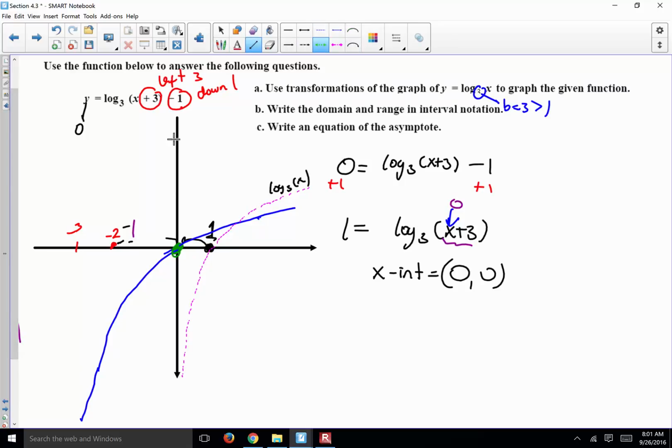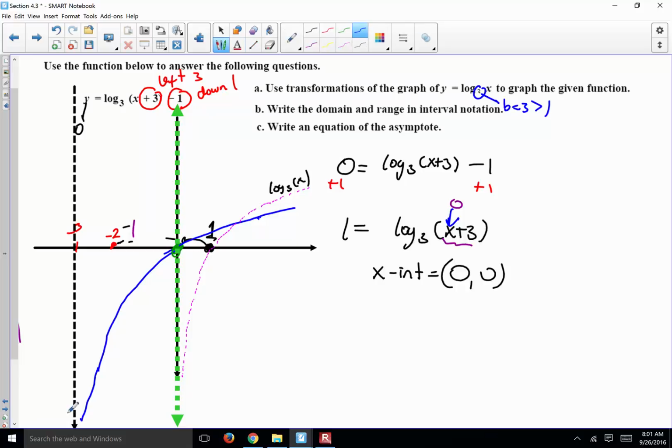Earlier, before the shift, this was its vertical asymptote. Log 3 x gets really close to this. Now the new vertical asymptote is, because we shifted this 3 left, the new vertical asymptote is minus 3. This is going to help us find the domain and range.